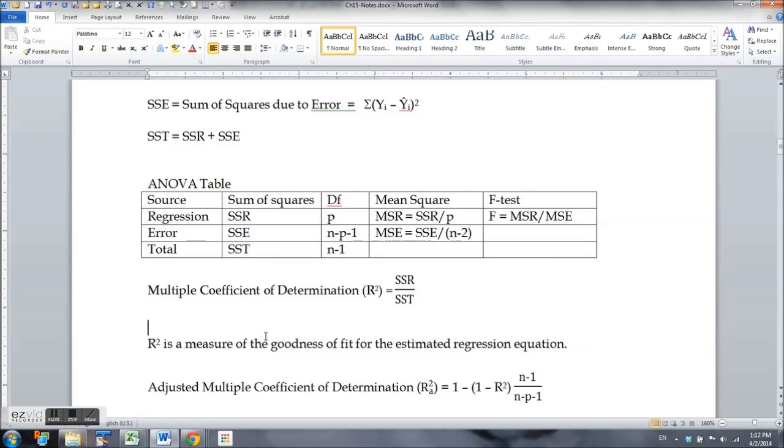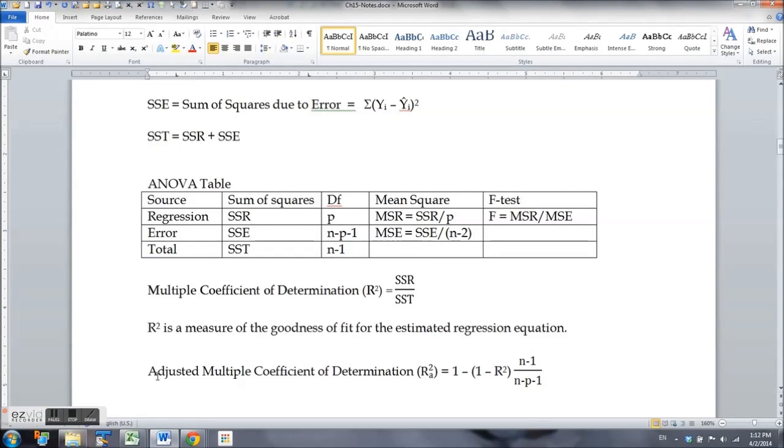But before we go to Excel, there is one more concept we have to look at, and that is the adjusted multiple coefficient of determination, R squared sub A. It takes R squared and makes an adjustment to it. The reason for this adjustment is that as you add more and more x variables into the equation, R squared will always keep going up.